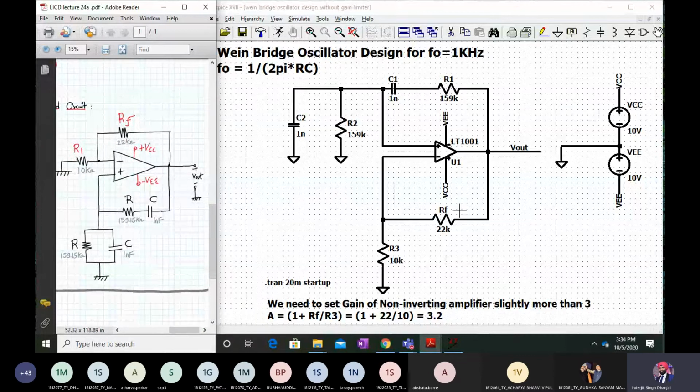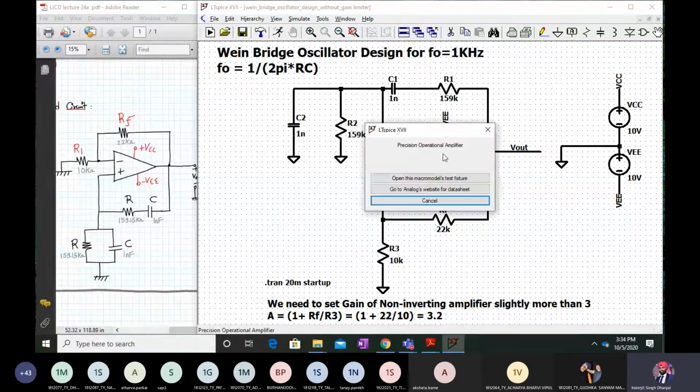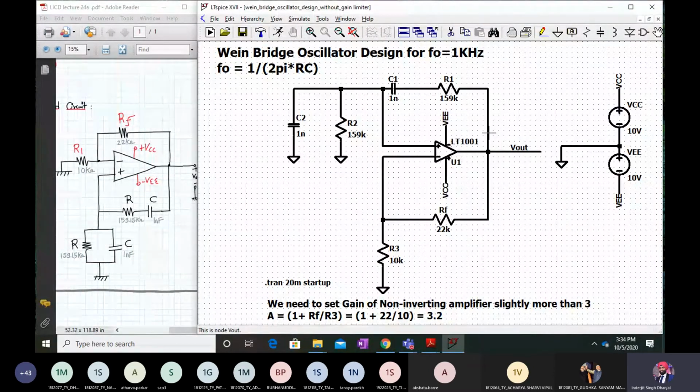Here I couldn't use the same terminology because we cannot write the same name. The op-amp which we have selected over here is LT1001. If I right click over here, it's a precision operational amplifier, so it is suited for oscillator kind of applications. OP07 will also work, but it doesn't work for all frequencies.